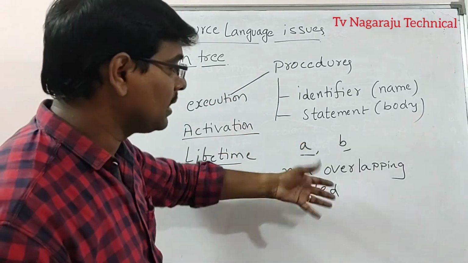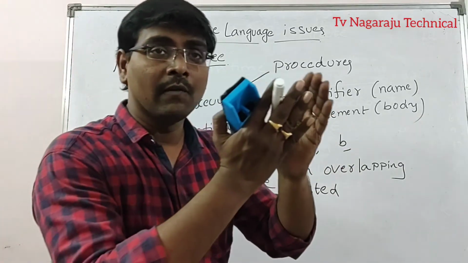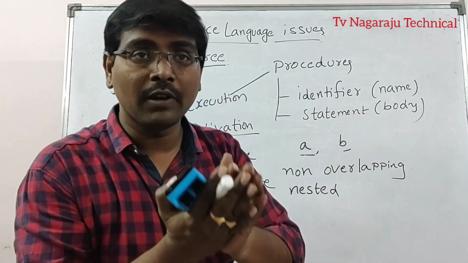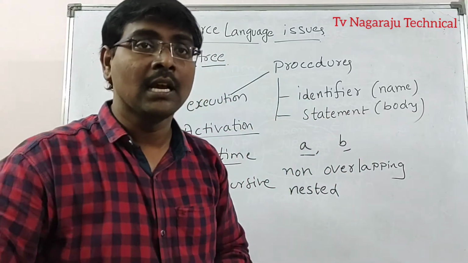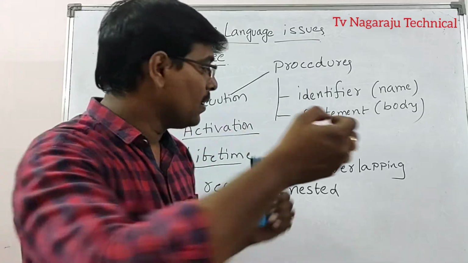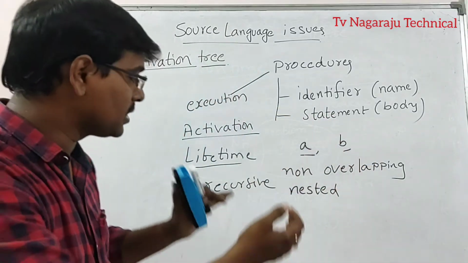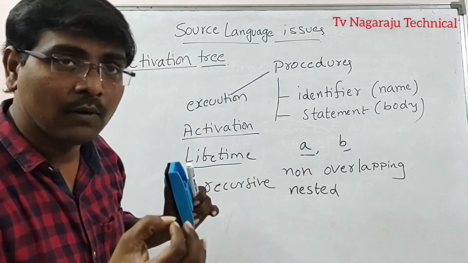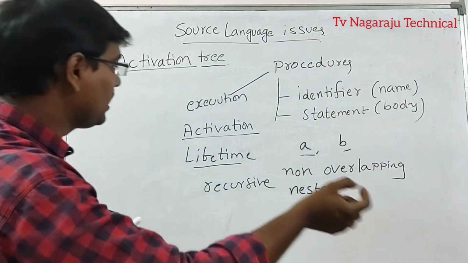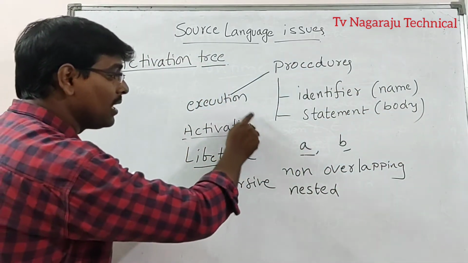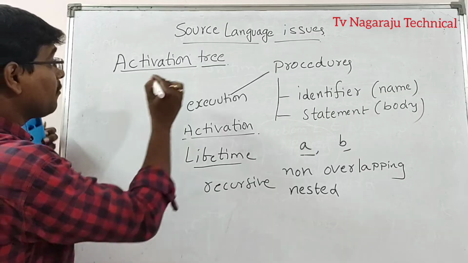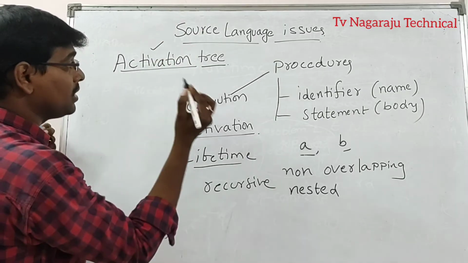Exactly, this is the concept. That means if your program consists of different procedures, they may be non-overlapping, nested, or recursive, whatever it is. A procedure under execution is called activation. Finally, you know the term activation.